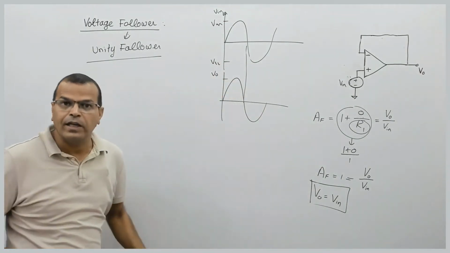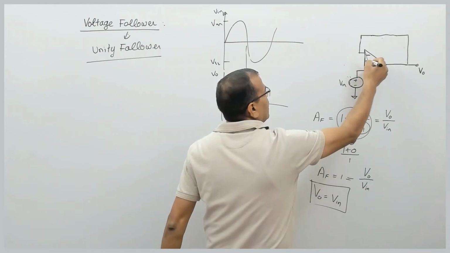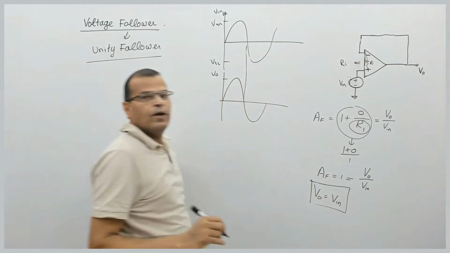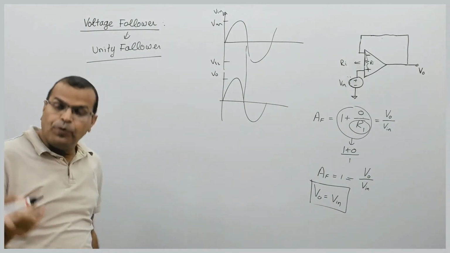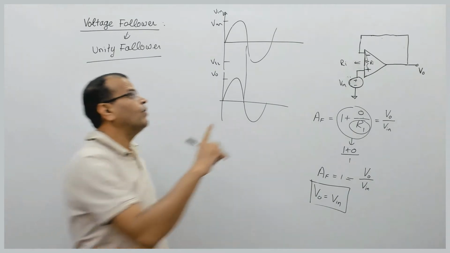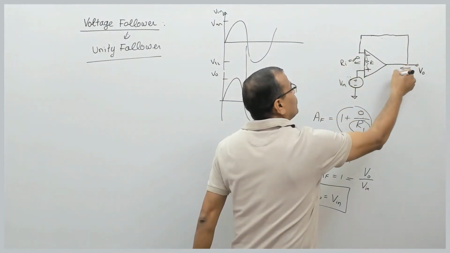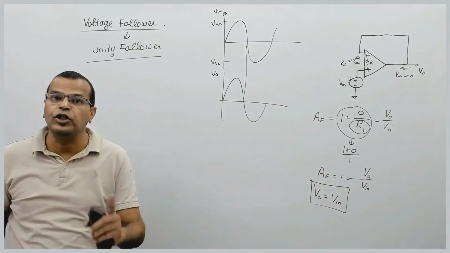But there are certain interesting facts. What is the input resistance Ri here? Ideally it is infinite. So the input resistance of the unity follower is ideally infinite, and the output resistance is ideally 0.